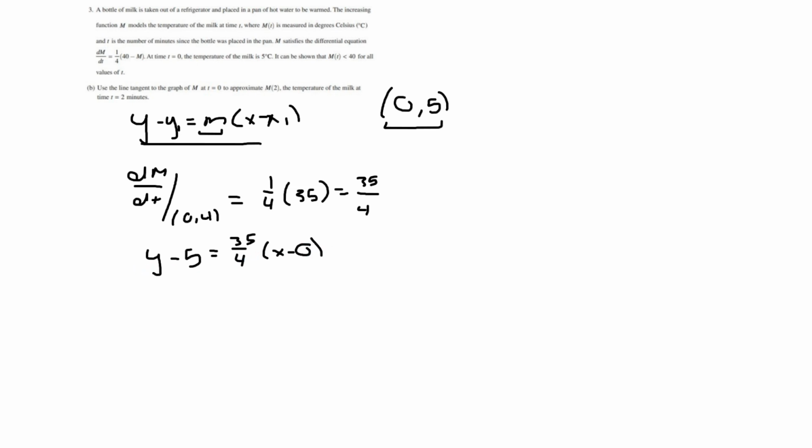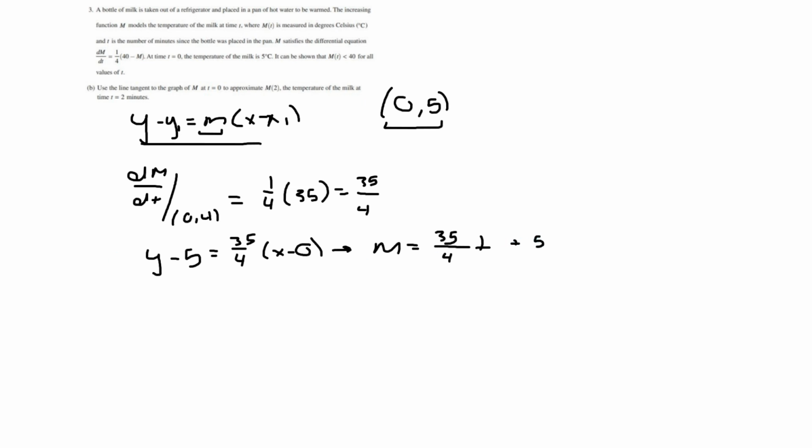You maybe still get a point for that. However, we need to be careful and use m and t. So it should actually be m equals 35/4 t, and then plus 5.